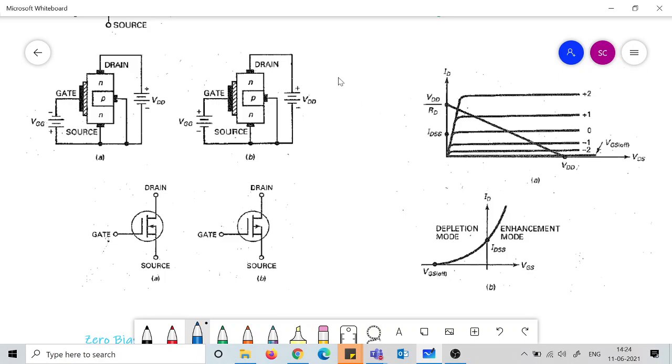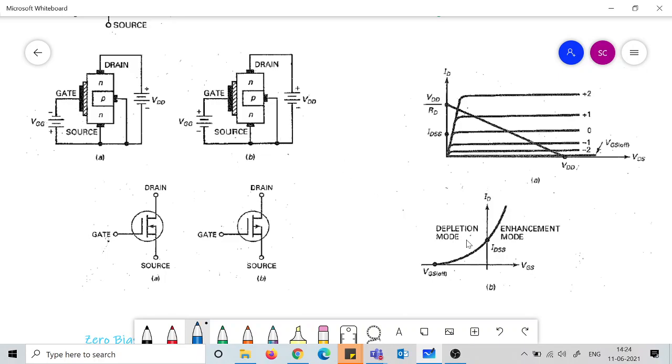Now, please remember that the depletion type MOSFET has two modes of operation. One is when VGS is less than 0, another is when VGS is greater than 0. These modes of operation are depletion mode and enhancement mode. So the depletion type MOSFET has the depletion mode as well as the enhancement mode.